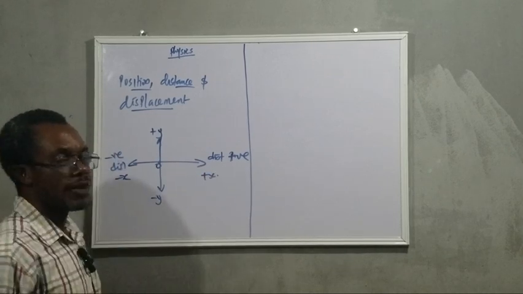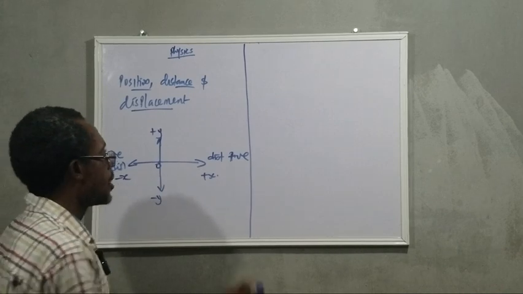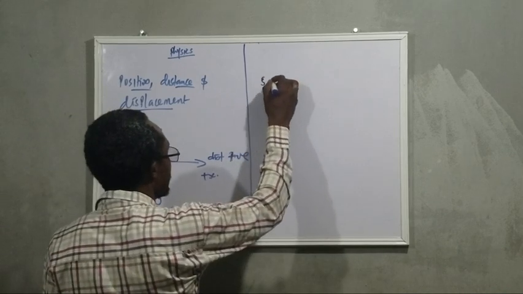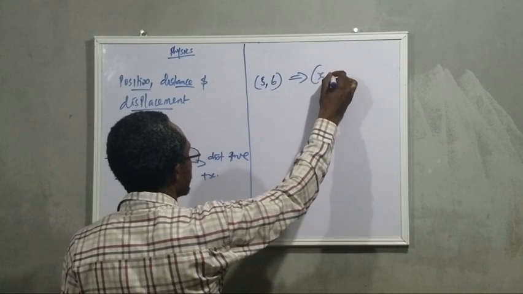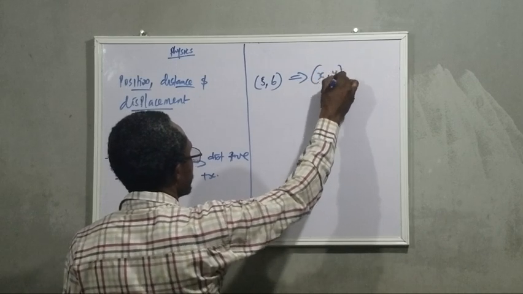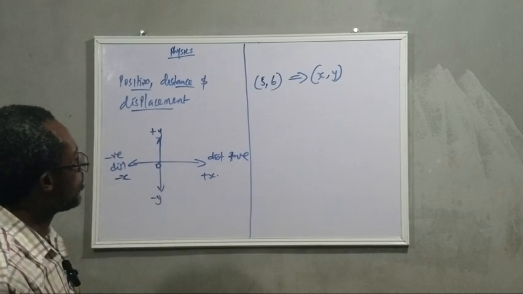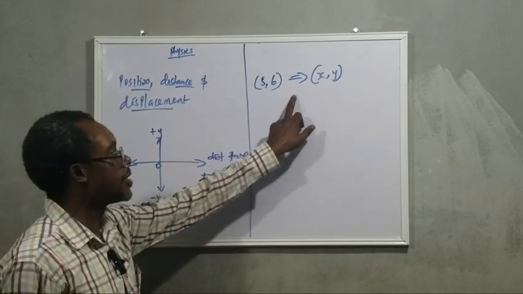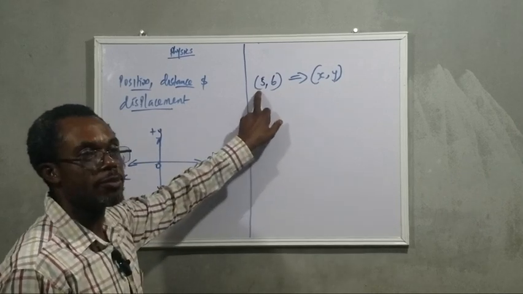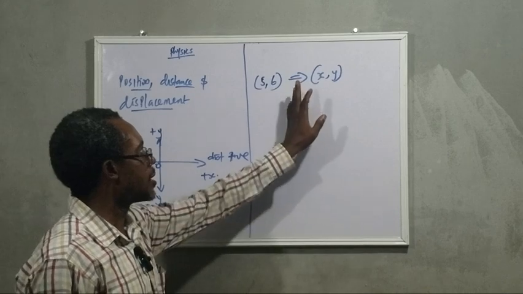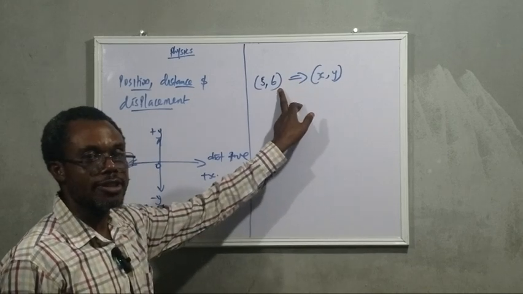So if we have two points given to us, let's say 5 and 6, the first value represents x and the second value represents y. If a point is located as 5 and 6, it means that on the x-axis it is located at point 5, and on the y-axis it is located at point 6.